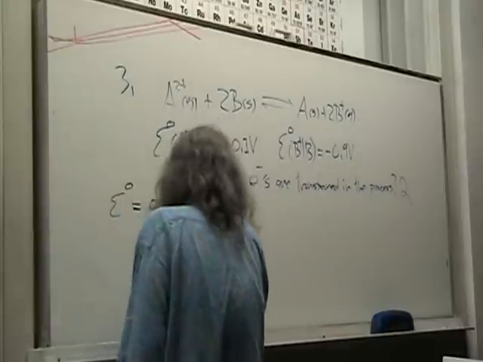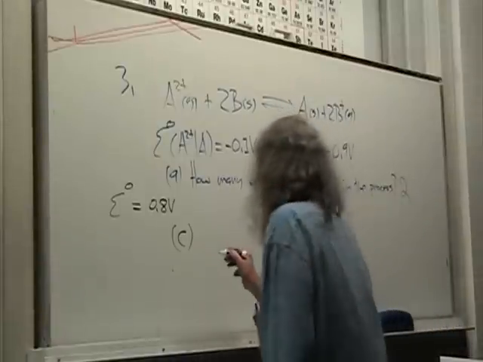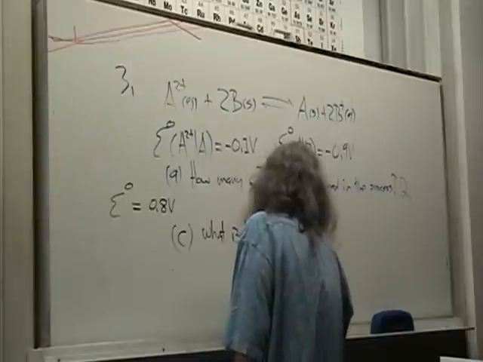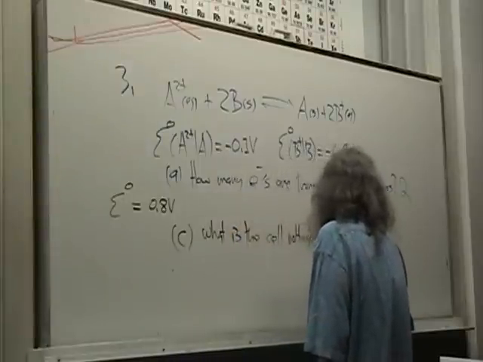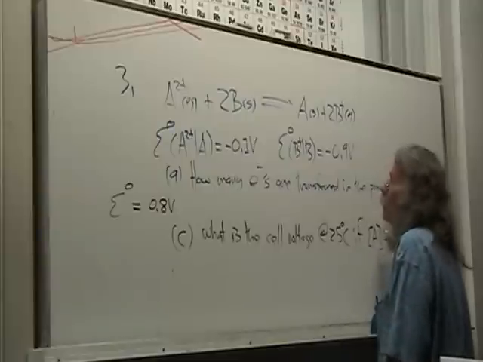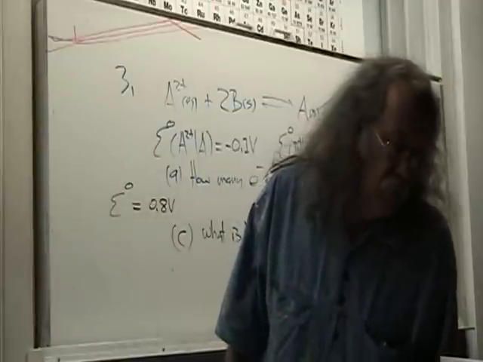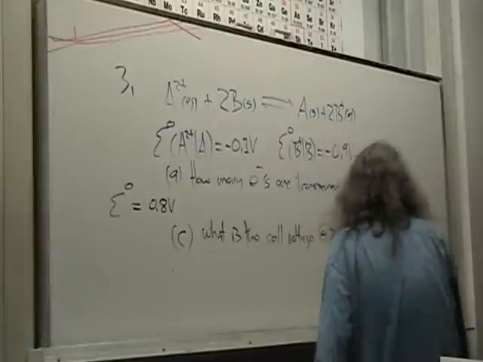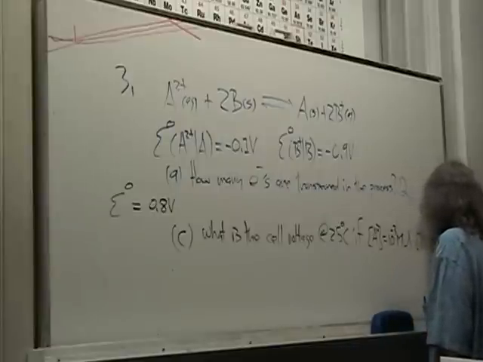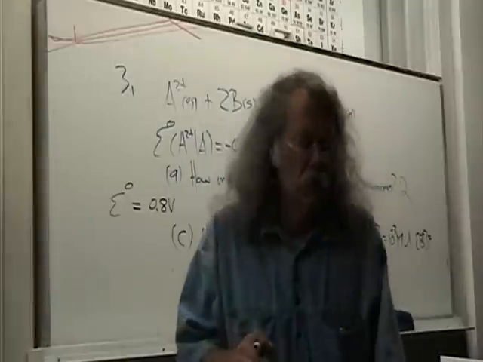We needed what information? The E naught is equal to 0.8 volts. For part C, what is the cell voltage if N2 plus is equal to 10 to the minus 3, and B plus is 10 to the minus 2?